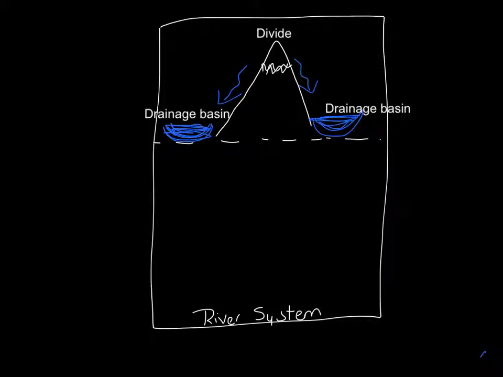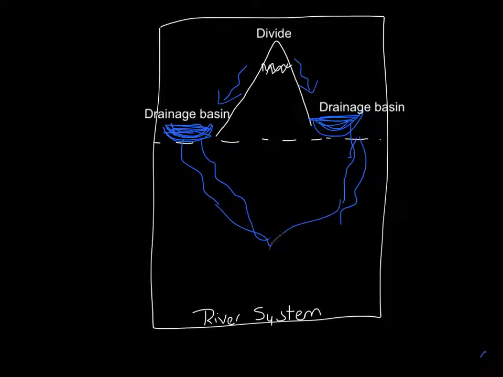Now, eventually, the water is going to get so full that it's going to spill out. Oops, I didn't realize that I just changed that to blue. Okay. So the water is going to get so full that eventually it's going to spill out. Okay, and these little streams, it comes out of the drainage basins. It eventually comes together to make a river.